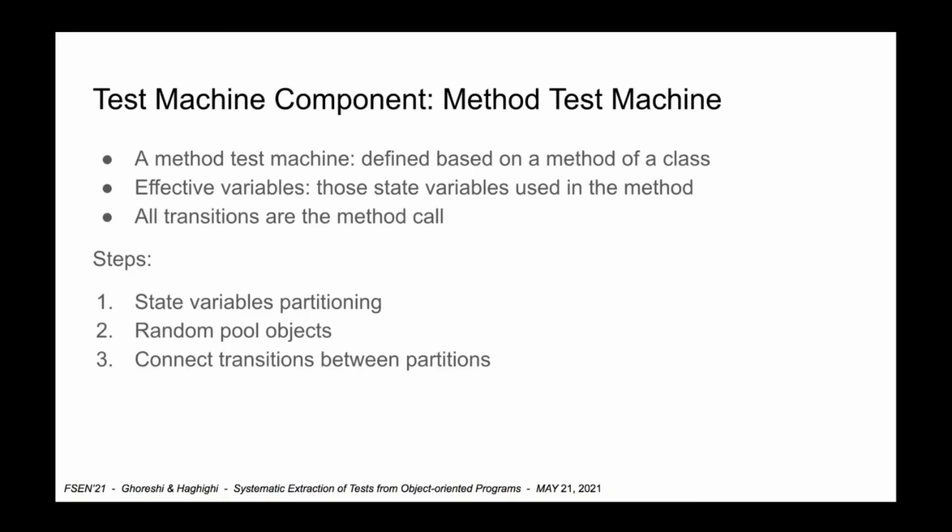The next step is constructing a pool of random objects. In this step, a pool of random objects with the type of the class under test is built. In fact, the object pool is a finite set of objects with different values.